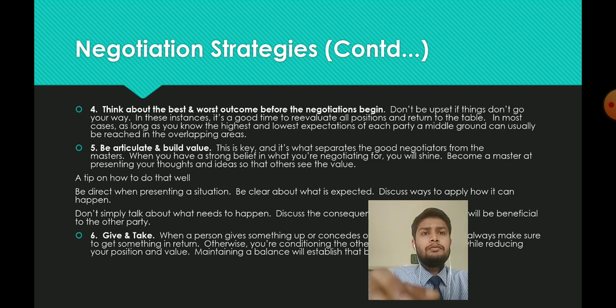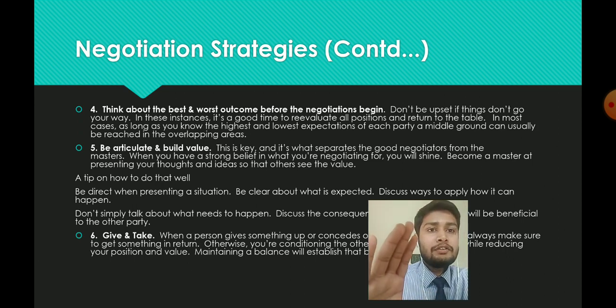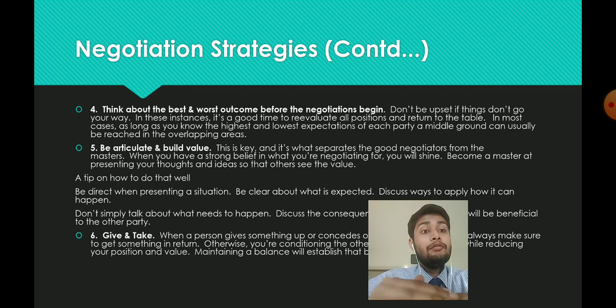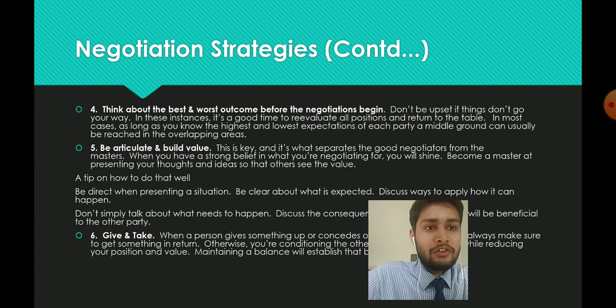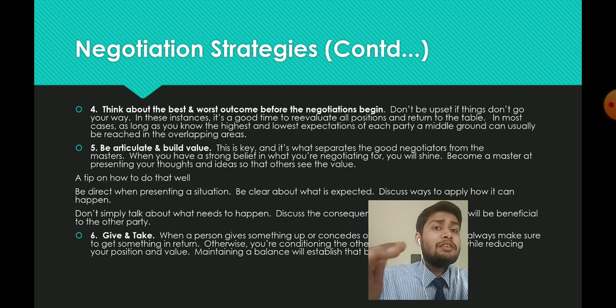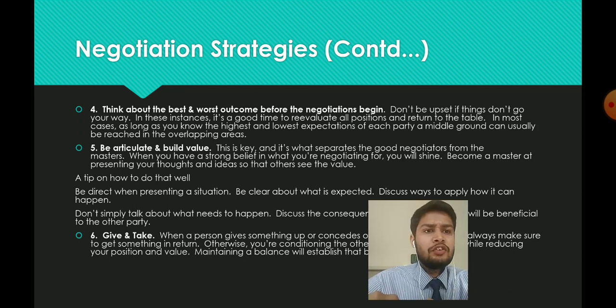While making a strategy, we can consider what if we win, what benefits we could have, and whether the ball is in the other party's court or in our court, it doesn't matter. But what are the best and worst outcomes, what happens if the negotiation fails, and what is the situation in the middle.